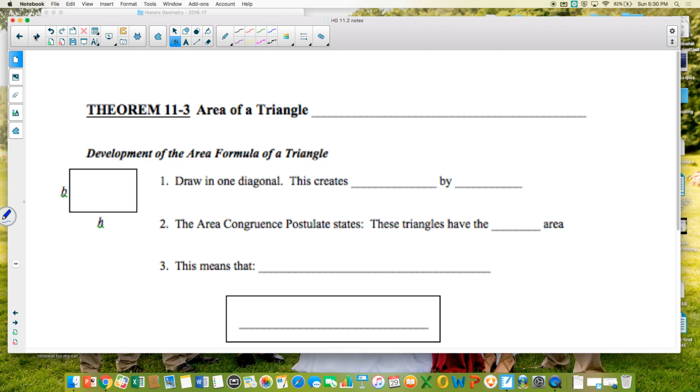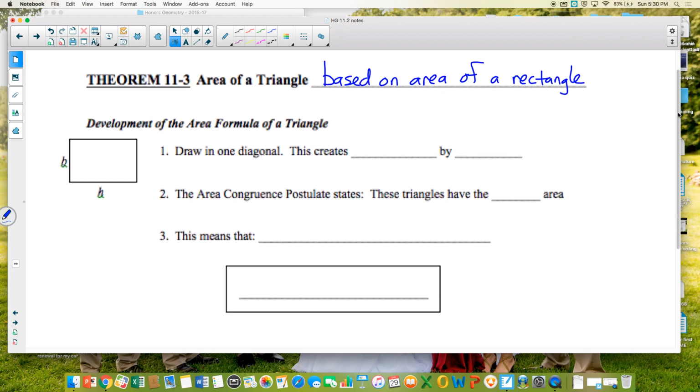Theorem 11.3, area of a triangle. The area of a triangle is also based on the area of a rectangle. And we kind of have a mini short proof on where this comes from.